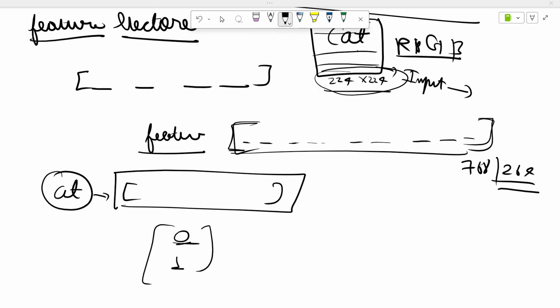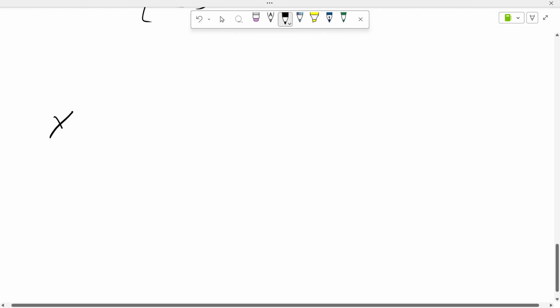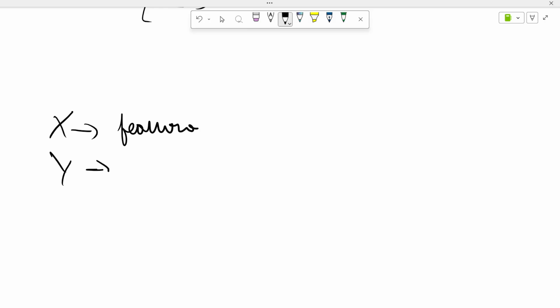So features go to the model. X is represented as the feature, and Y is represented as the label. Features are input, labels are output.